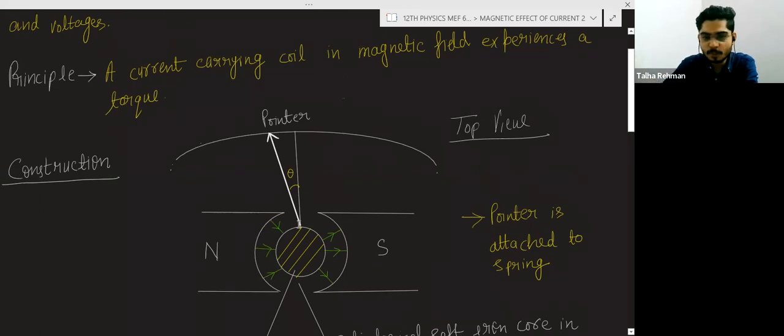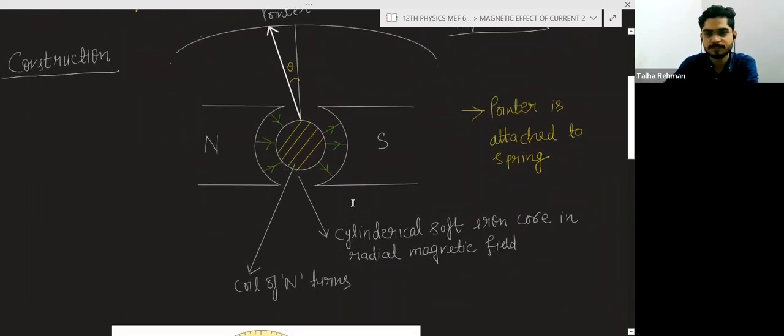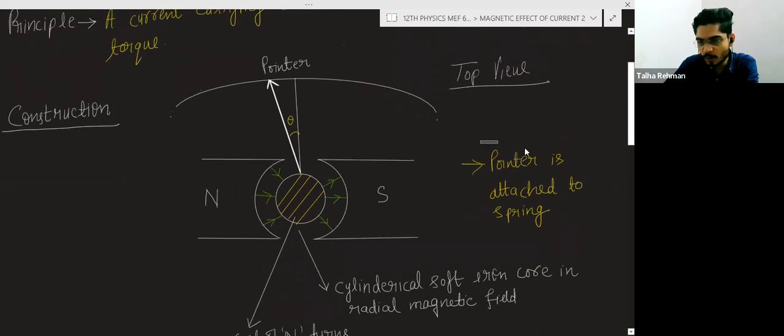This is the pointer of the galvanometer. The theta I will discuss later. So this is the construction. Remember, this pointer is attached to the spring. Simple.